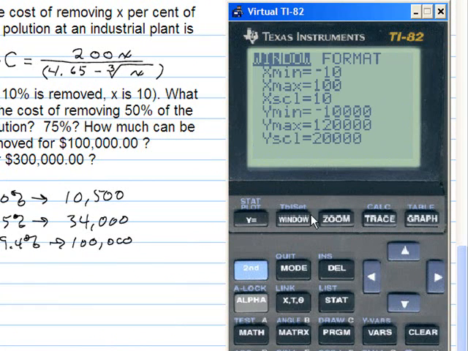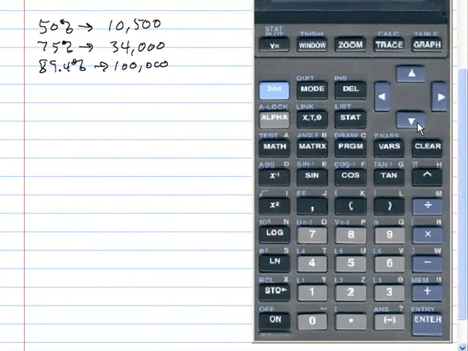So I'm going to modify the window to now allow Y to go up to 300,000. And I'll start it at negative 30,000 like I was going to do before. And I'll do a mark every 30,000 as well.